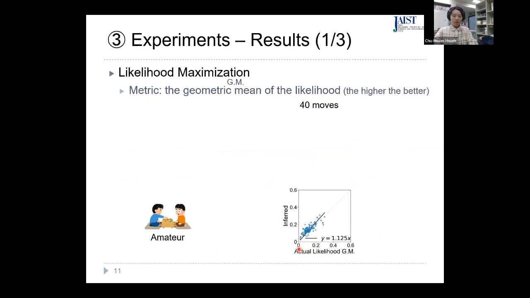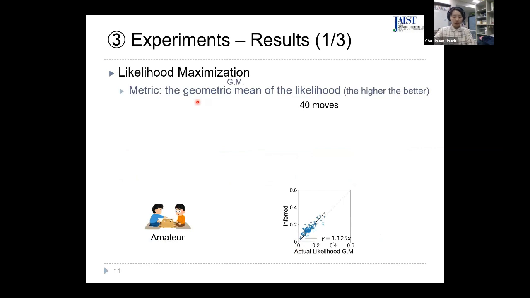In the results, first of all, we want to confirm whether the optimization is well done. The metric used will be the geometric mean of the likelihood. Ideally, we should find the maximum likelihood and compare our results with it.